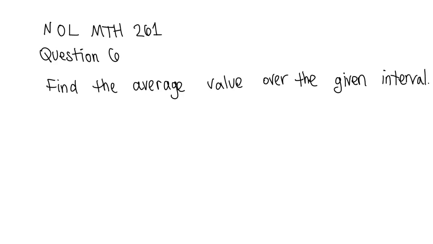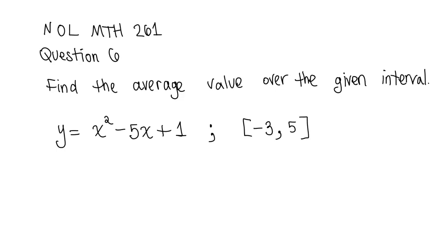Here's the equation for you: y equals x squared minus 5x plus 1. I ask you to find the average of this from -3 to 5. I just made up these numbers, so it's very similar to what you will have on your exam.